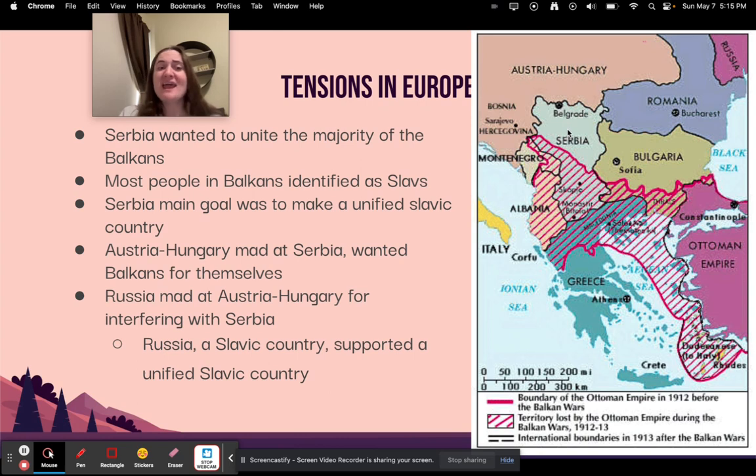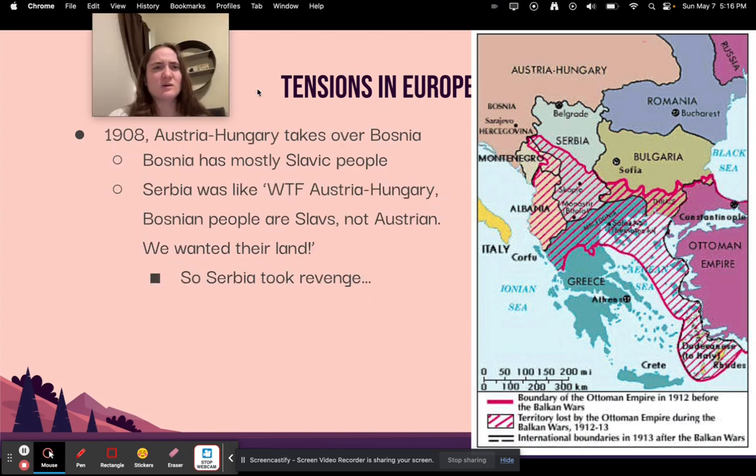And Russia was like, hang on, Austria-Hungary, those people in there are Slavs, so let Serbia take them, because Austria-Hungary, you're not even a Slavic country. And so Russia was really mad with Austria-Hungary for interfering with Serbia. And Russia, which is a Slavic country, supported a unified Slavic country that Serbia wanted to make. I know, there's a lot going on.